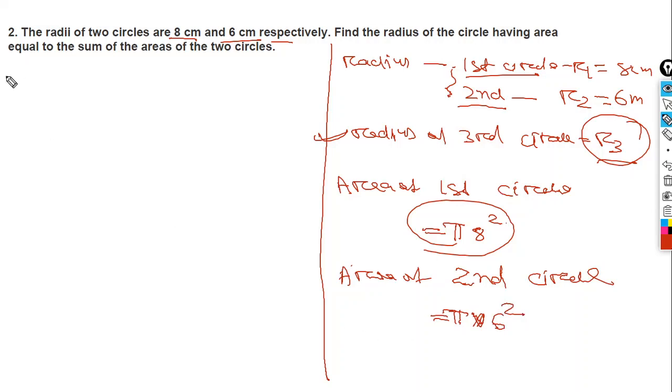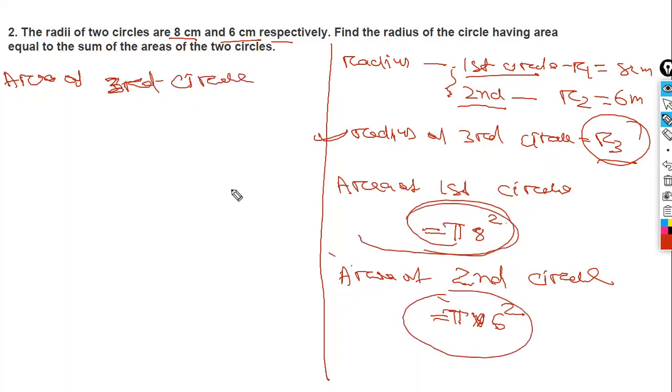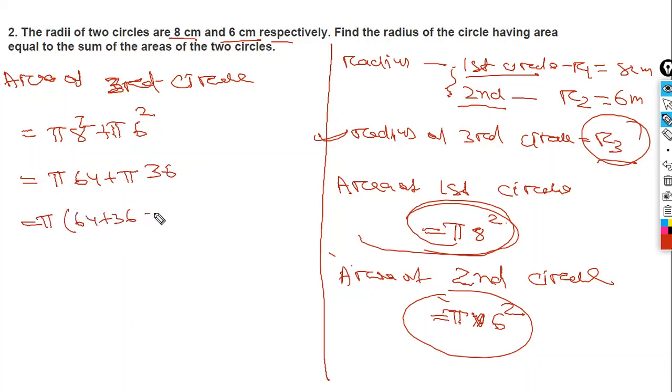Now area of the third circle will be the sum of these two, equal to pi 8 square plus pi 6 square, which will be equal to pi into 64 plus pi into 36, which is equal to pi into 64 plus 36, which will be equal to pi into 100.